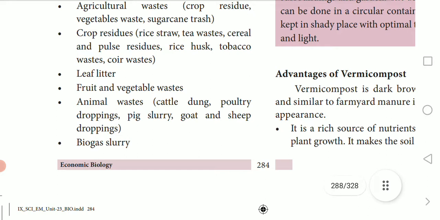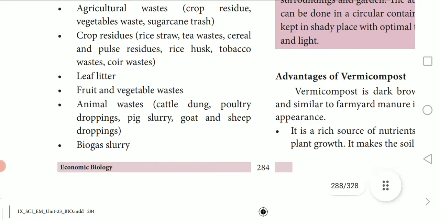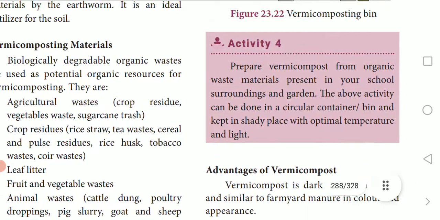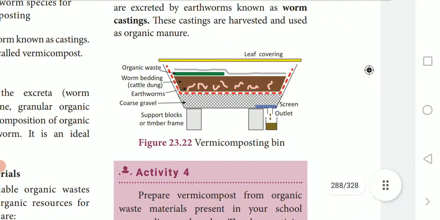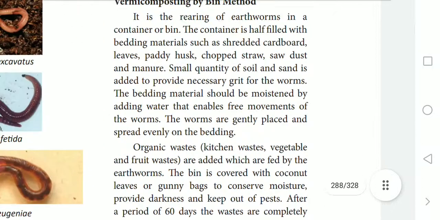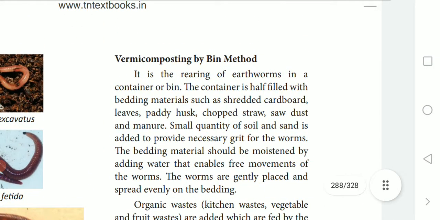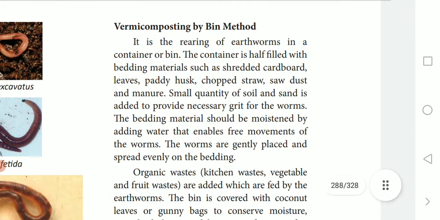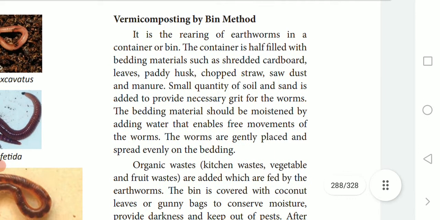Agriculture waste can be used as vermicomposting material. The crop residues are used as vermicomposting materials. Leaf litter, fruits and vegetable waste, animal waste, biogas slurry. So these are the materials used for vermicomposting.